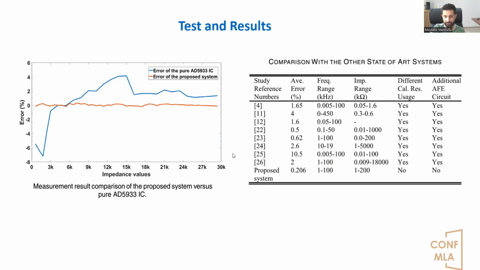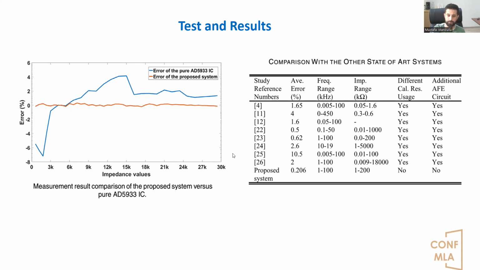As seen in this figure, the average measurement error is 0.1% for our proposed system, whereas it is 2.1% for the pure AD5933 based system in the full comparison range. This comparison range limited by the pure AD5933 high precision operation is between 1 kilo ohm and 2 kilo ohms.